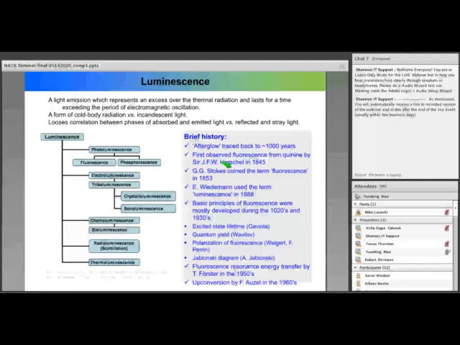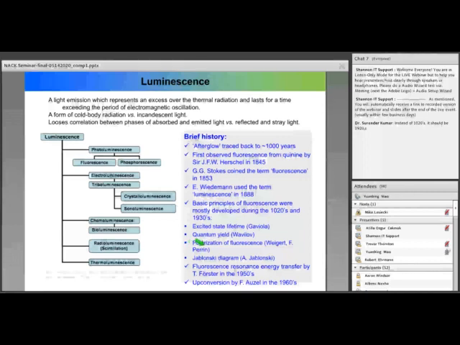So those are in the 19th century. But most of the basic principles of fluorescence were developed in the 1920s to 1930s. There are a few terms which I will talk more about: excited state lifetime, quantum yield, polarization of fluorescence, and the Jablonski diagram.